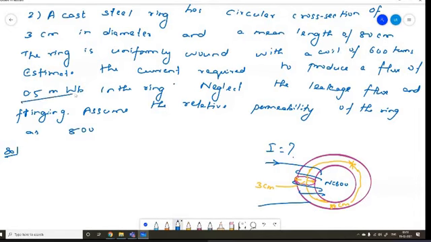So it produces a flux of how much? 0.5 milliweber, that is 0.5 into 10 to the power minus 3 Weber. Neglect the leakage flux and fringing and assume the relative permeability of the ring as 800. So mu r of this ring is given as 800. So this is the data that is available to us. So let us proceed further.